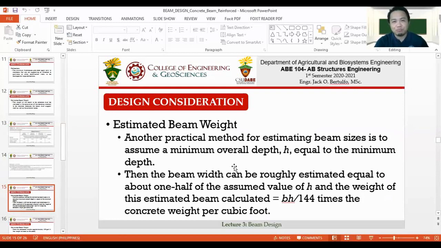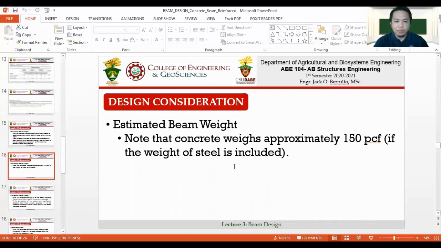So that's why we need to design the cross section in order to calculate the weight of the beam. Just remember that the approximate weight of the concrete is 150 pounds per cubic foot if the weight of the steel is included. Since we're talking about reinforced concrete beam, we need to include the weight of the steel bar.